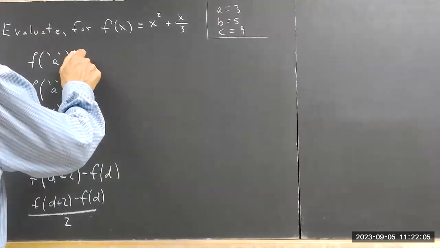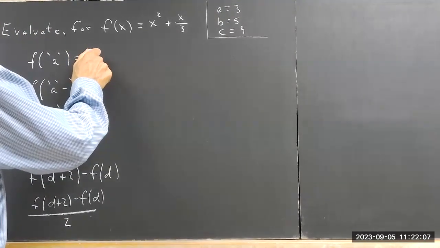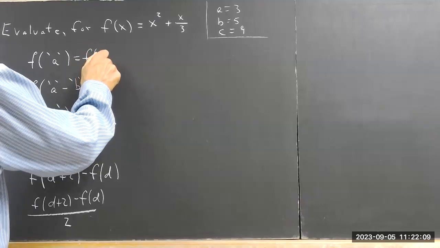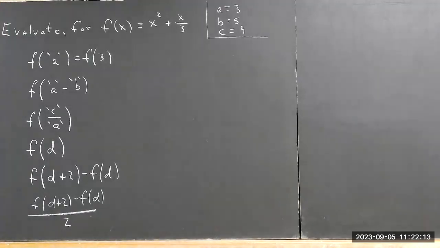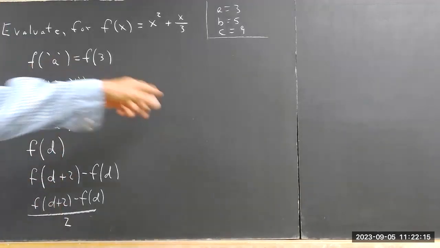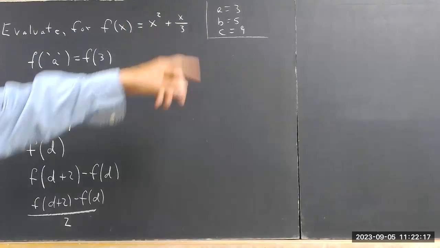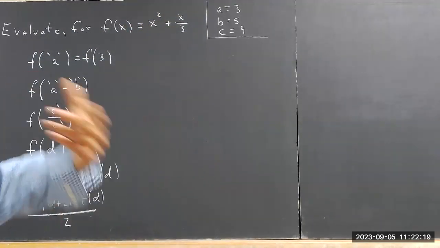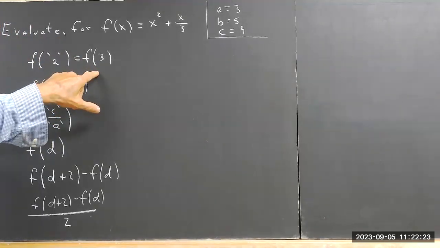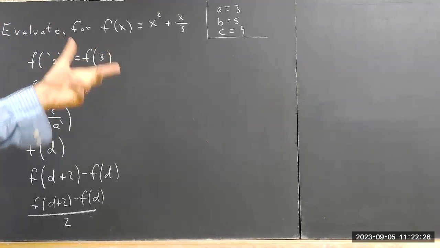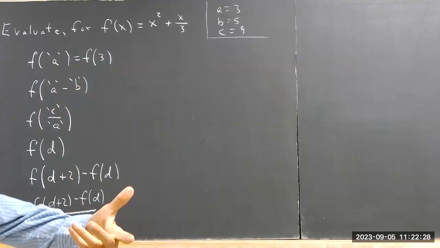So f of a, first thing I would do is replace that a with a 3. In many cases, you kept the a there, but then you substituted it in here. That's okay. But since you know what a is, it's safe to substitute it.